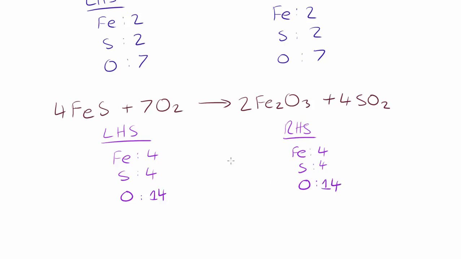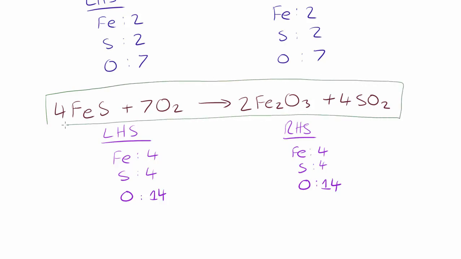And as you can see, this is balanced, right? And it also meets the requirement of being whole numbers used only. So in this particular question, this would now be our balanced equation, right?